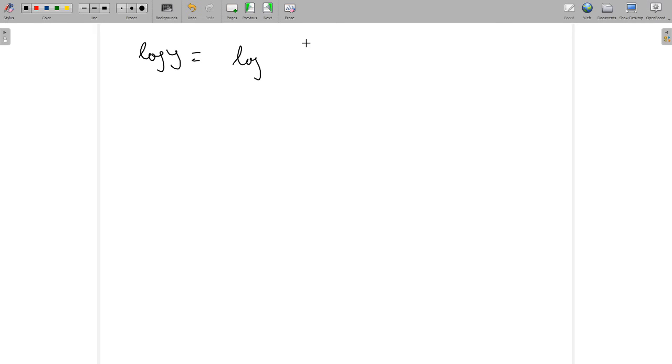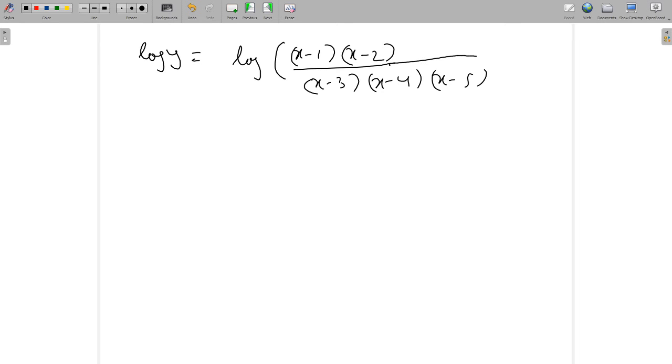Now square root can be written as 1 by 2, and inside we are having (x minus 1) into (x minus 2) over (x minus 3), (x minus 4) into (x minus 5), and here power is 1 by 2. So let us apply the rules one by one, otherwise there may be mistakes.